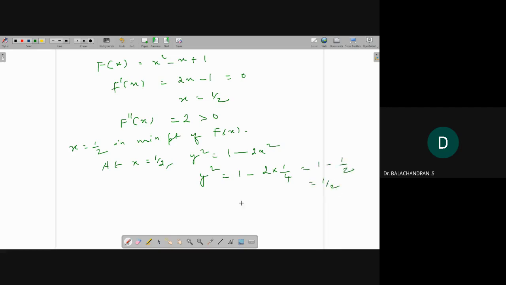So y square equal to 1 by 2 implies y equal to plus or minus 1 by root 2.